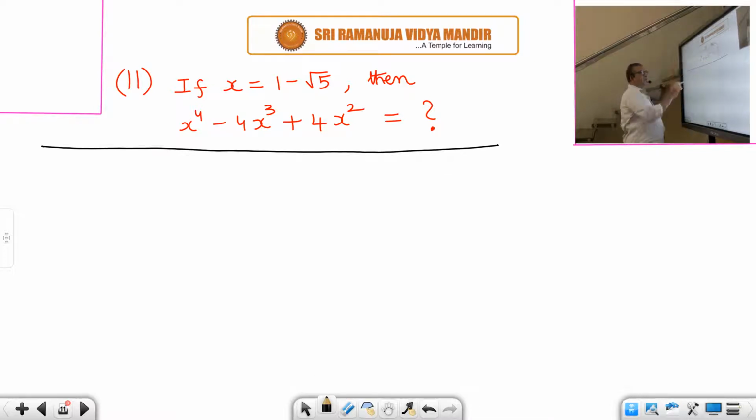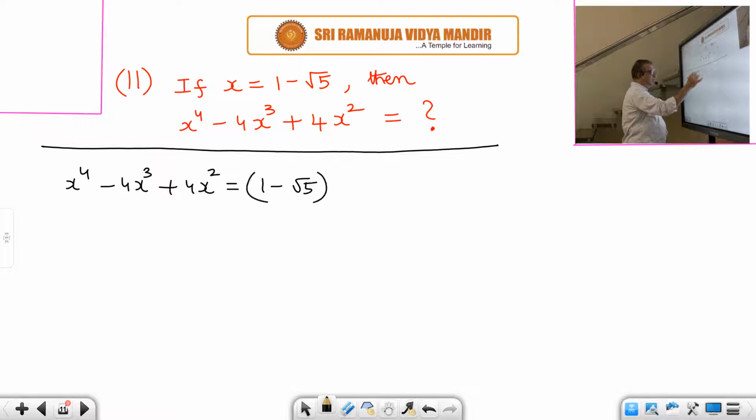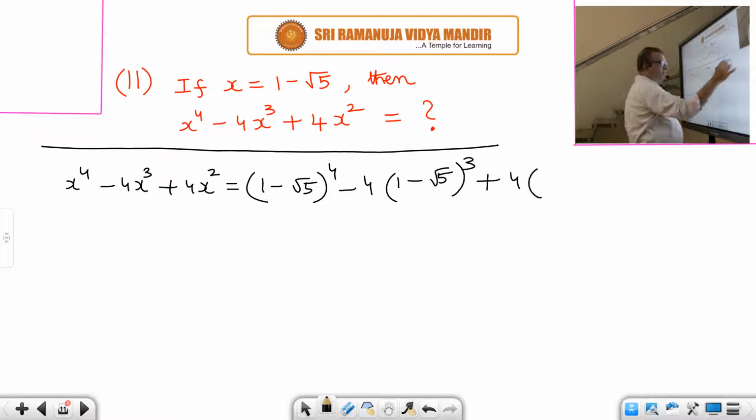If x is equal to 1 minus root 5, x power 4 means 1 minus root 5 whole power 4. This is the direct method, but this is not advisable. Then 1 minus root 5 whole cube, plus 4 into 1 minus root 5 whole square.